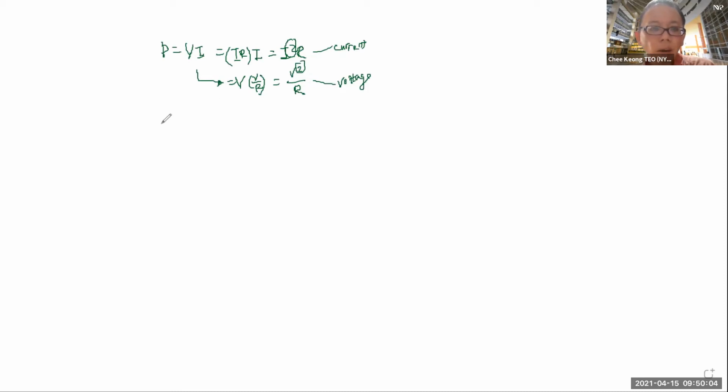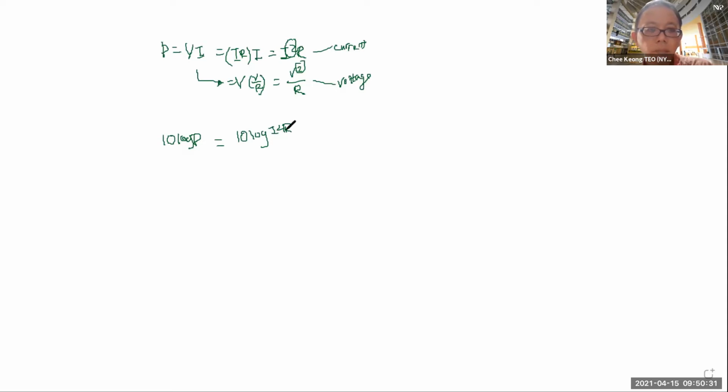Let's say I change this to a log scale. Normally for the log scale we use 10 log of P. Similarly, using the current side, I'll use 10 log of I squared R. So what is 10 log of I squared R?